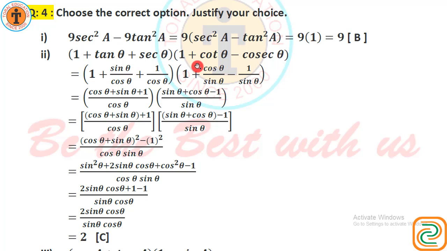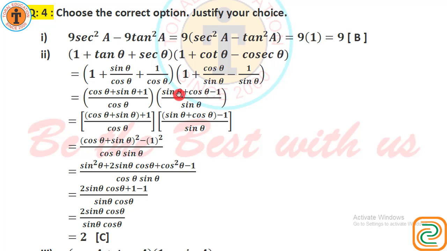Here 1 plus cot means cos theta upon sin theta, and cosec means 1 upon sin theta. So what is here? Here is the LCM. Cos theta in the denominator, and cos theta will be multiplied to 1. That is cos theta plus sin theta plus 1 upon cos theta.